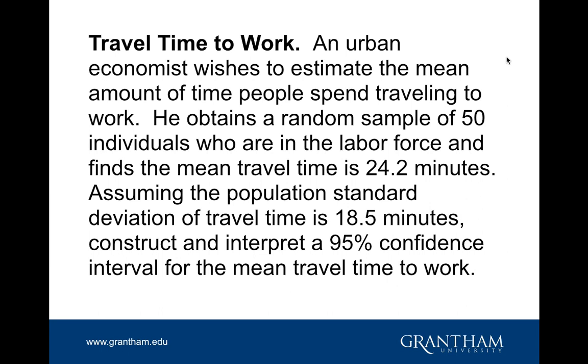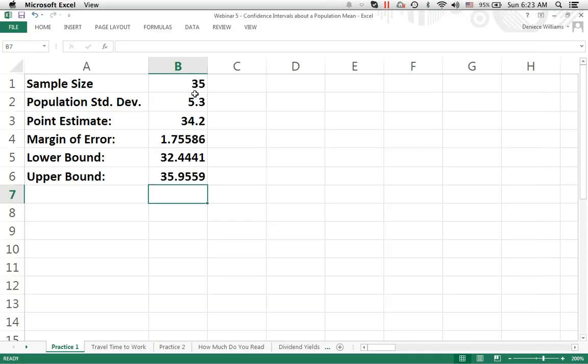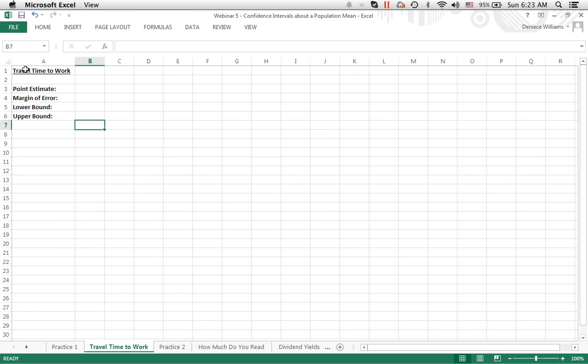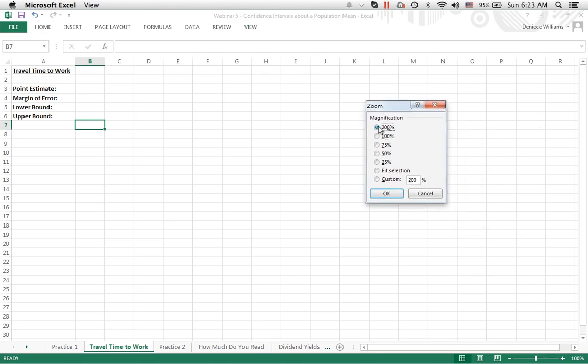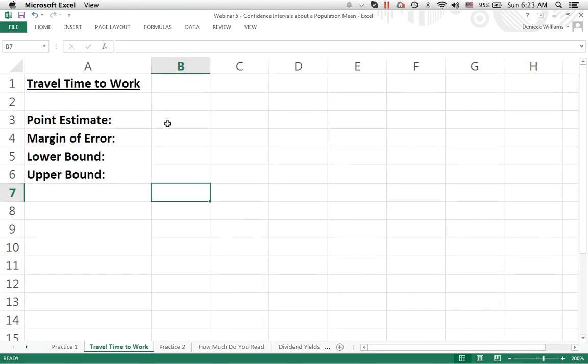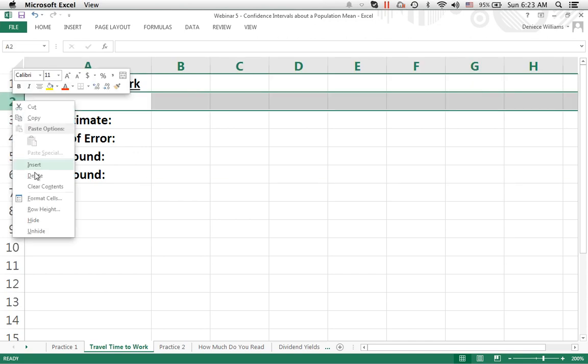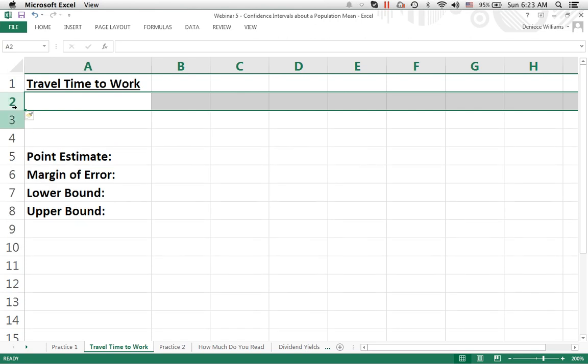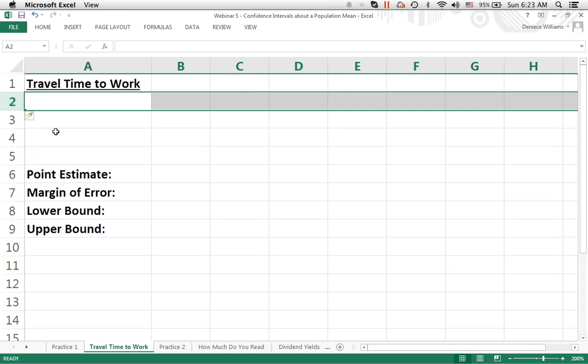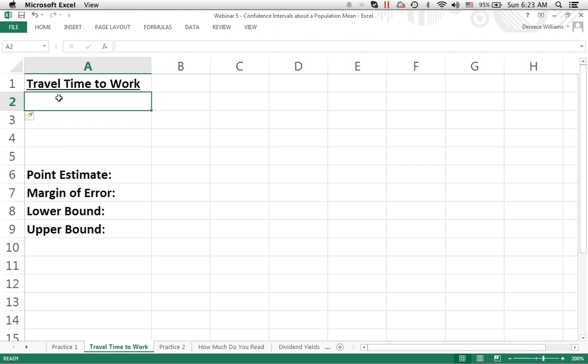So let's go ahead and do this in Microsoft Excel. Okay.